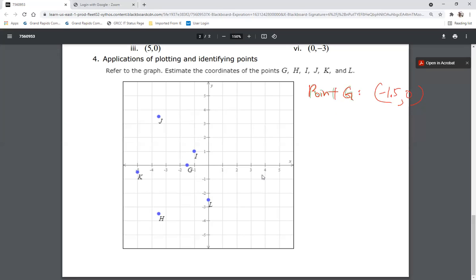Point I is not bad. Point I is right here. That's 1 to the left and 1 up. So I is (-1, 1), and it is in quadrant 2.